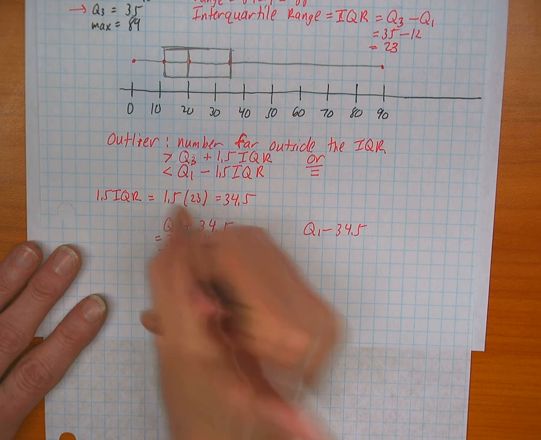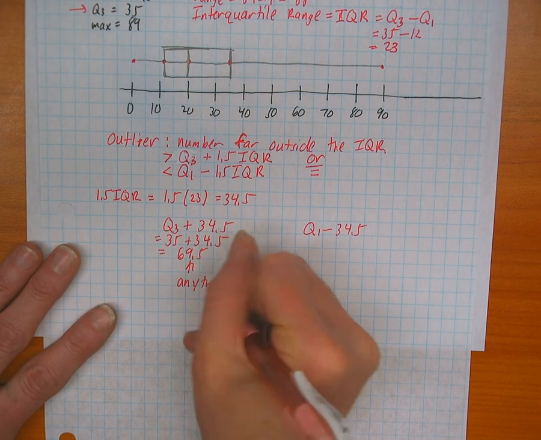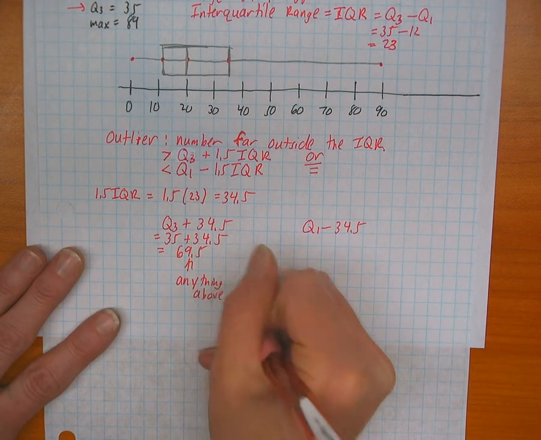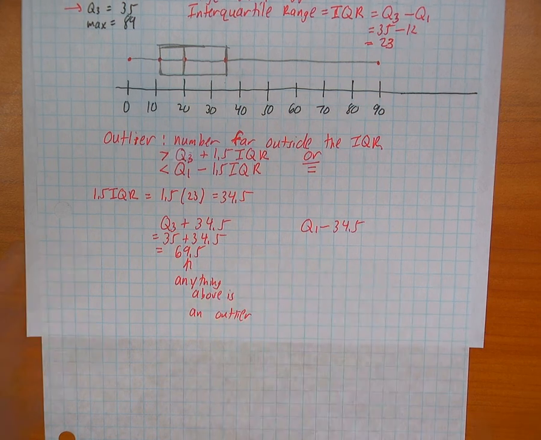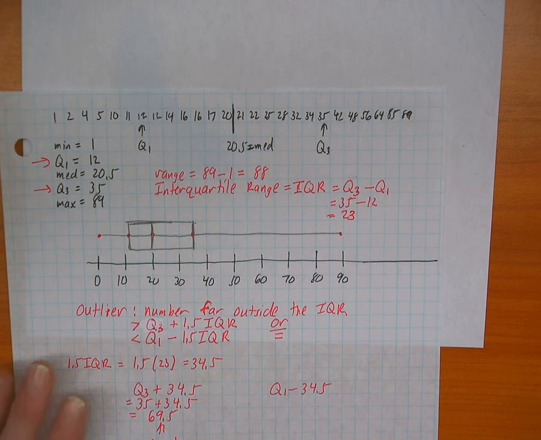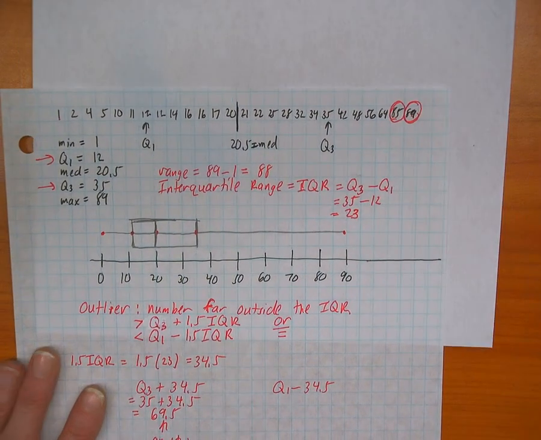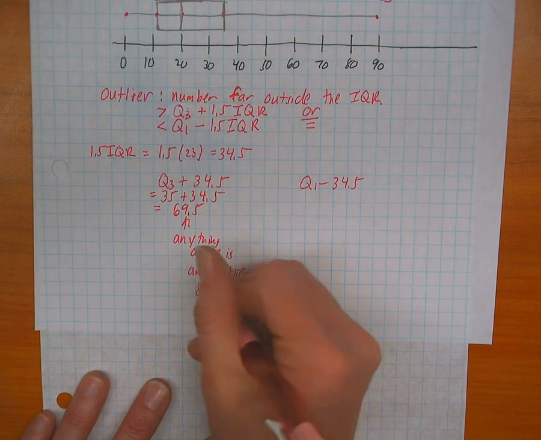That is the threshold where anything above this is an outlier. Do we have any numbers that are above 69.5? We do. We have 85 and 89. So 85 and 89 are both considered outliers.